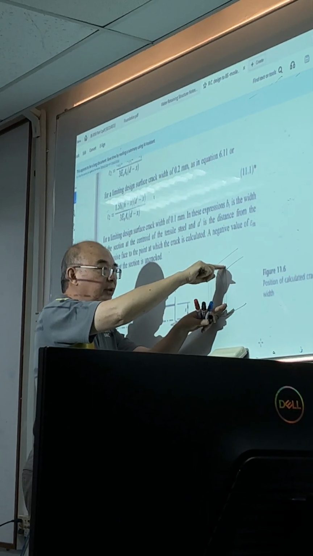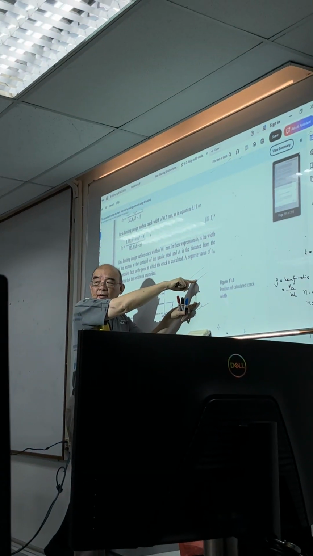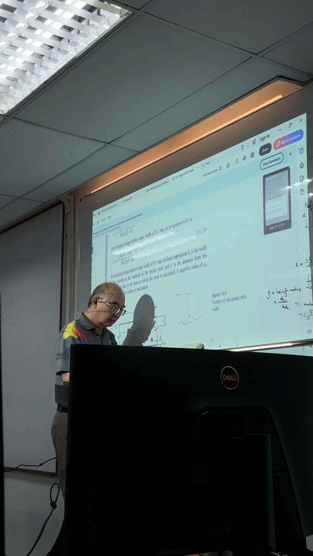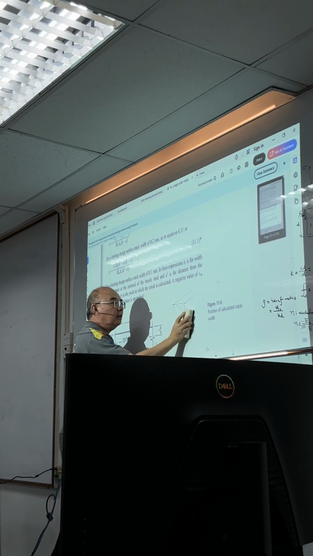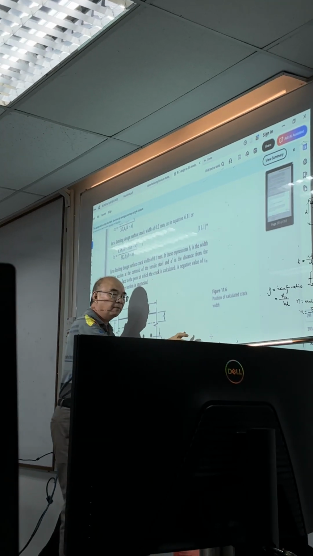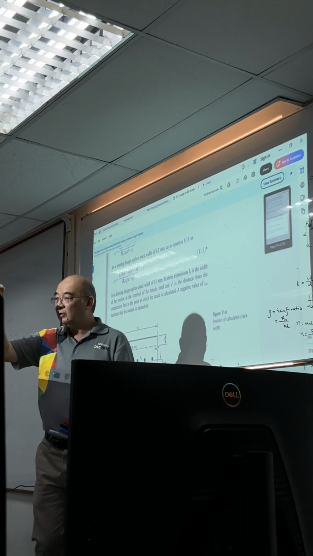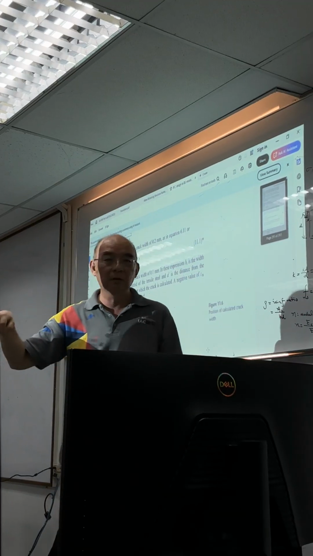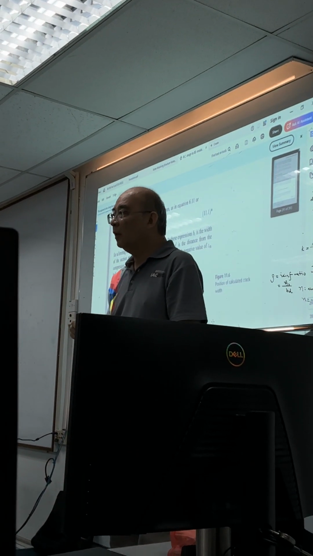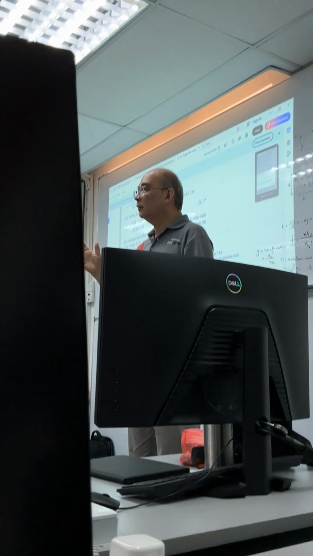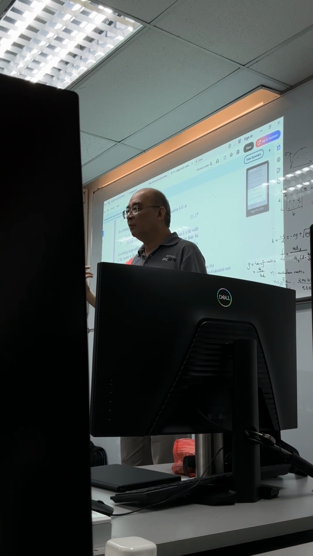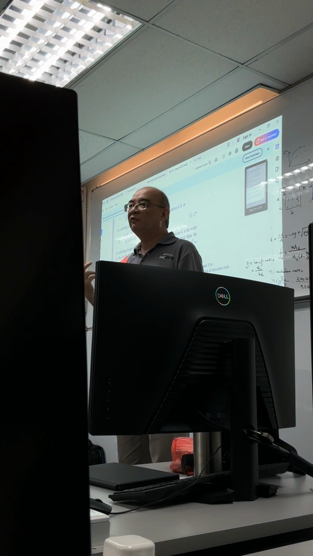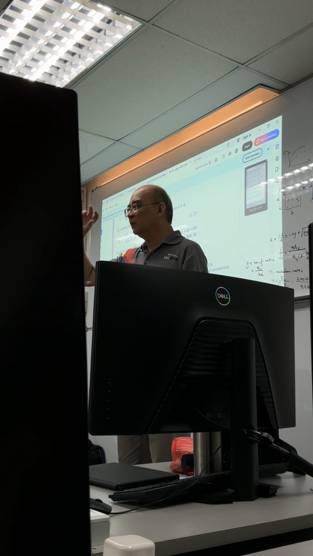If you calculate the crack width here, a prime will be this one. So a prime is from the compression face to where you want to calculate. It matters more for the beam. If it is just a slab, then a prime is just equal to the h.